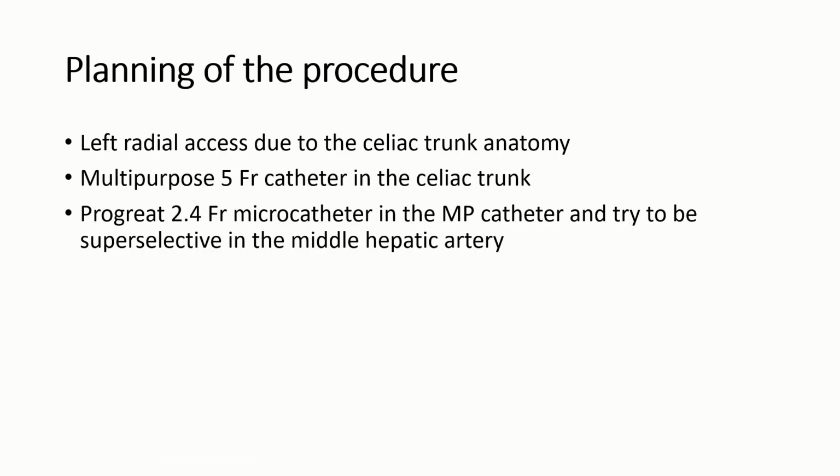We chose the left radial for the celiac trunk anatomy. We chose a multi-purpose 5 French, and we put a 2.4 Progreat microcatheter in the multi-purpose catheter, and we will now try to be selective in the middle hepatic artery. And now to Professor Velchev.